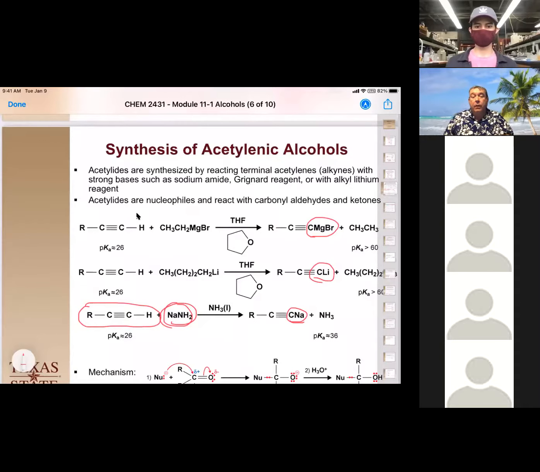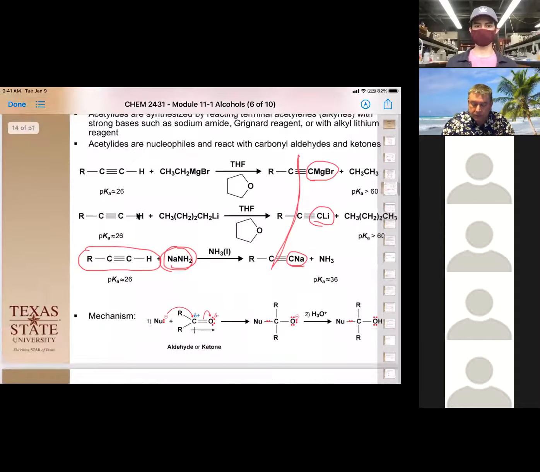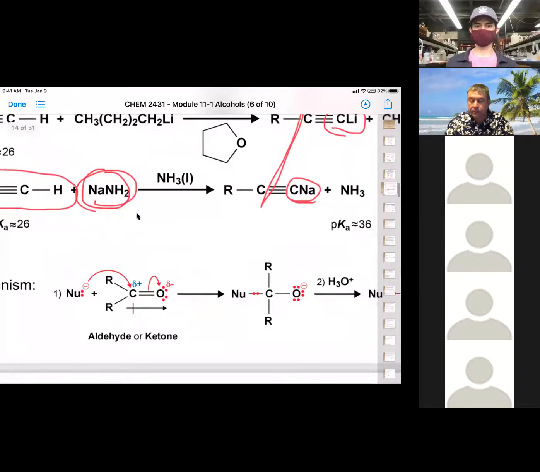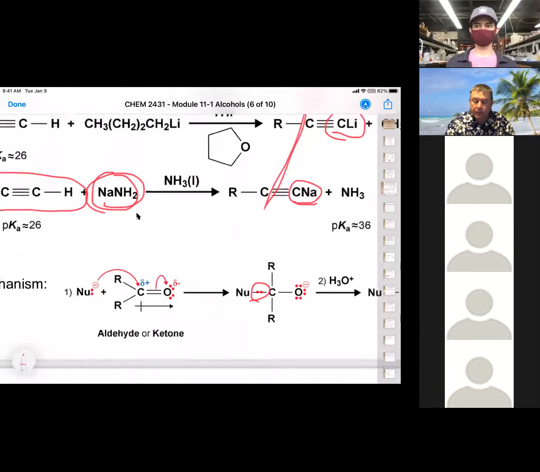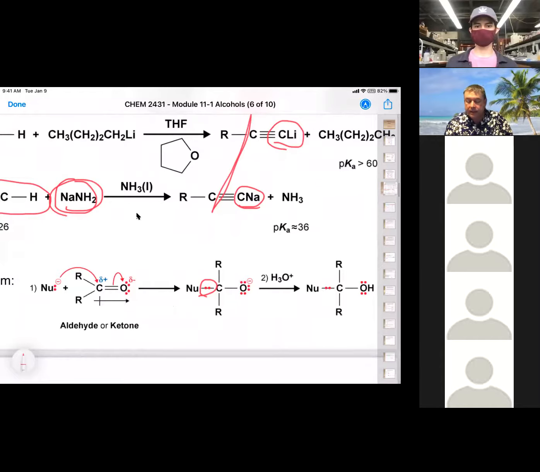They deprotonate that acetylene proton and will generate a nucleophile out of our acetylene. So when we do that, we can use any of these reagents as our nucleophile and attack any carbonyl compound. When we attack those carbonyl compounds, we'll end up creating our new sigma bond right here with those electrons. And when we protonate it, we would have our acetylene with an extra carbon and an alcohol at the end.